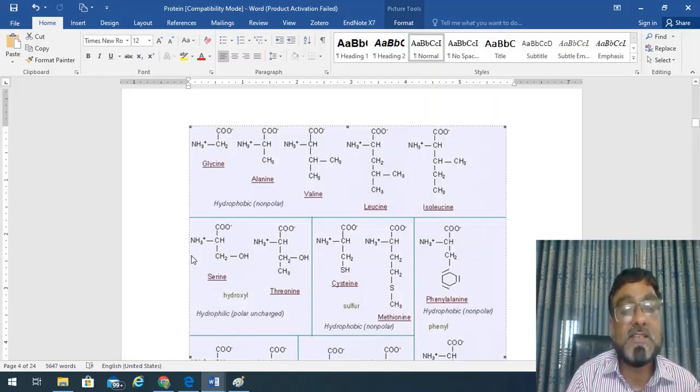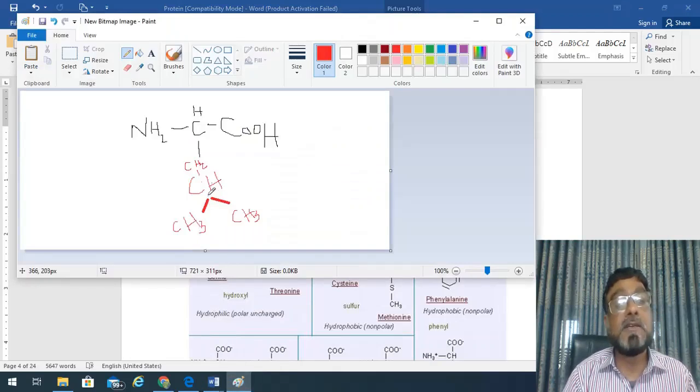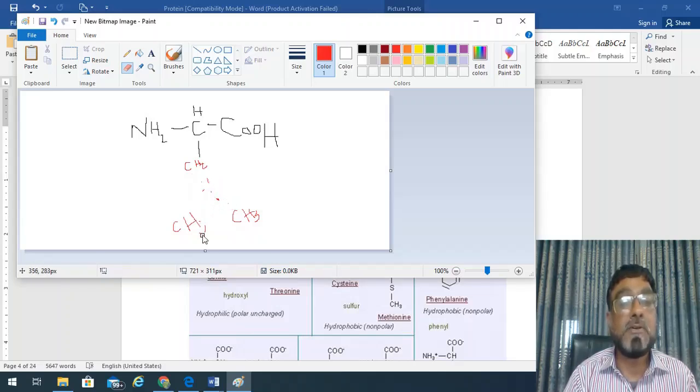The basic structure is the same again. Again, this is the same structure, and what changes is that it contains the hydroxyl group in it.